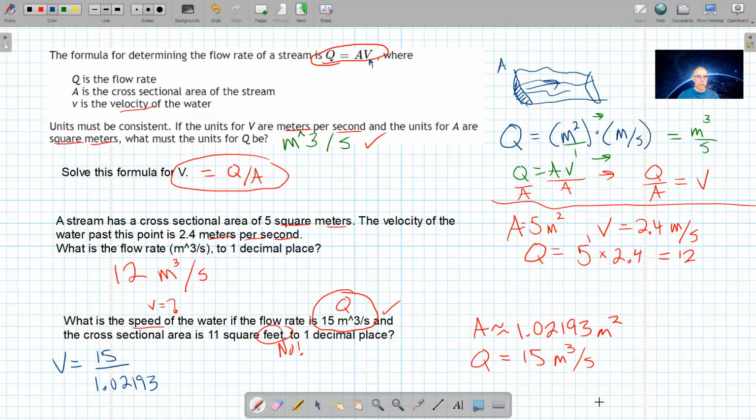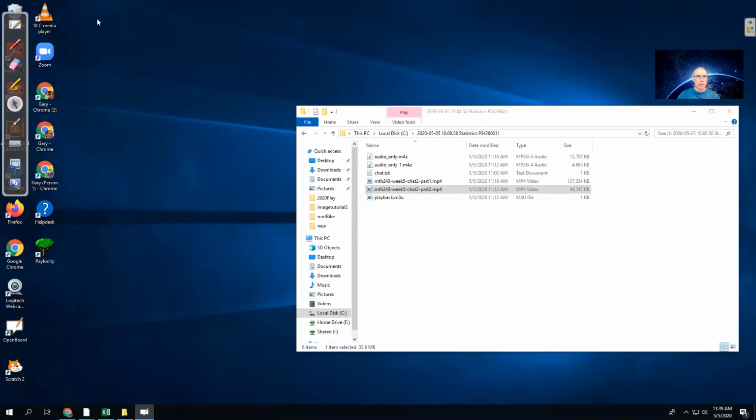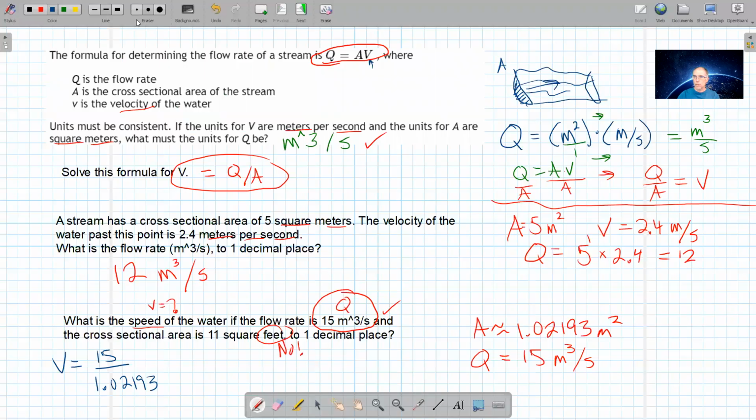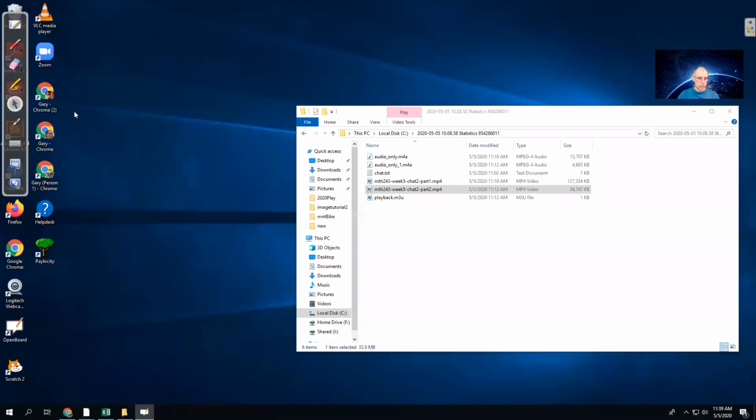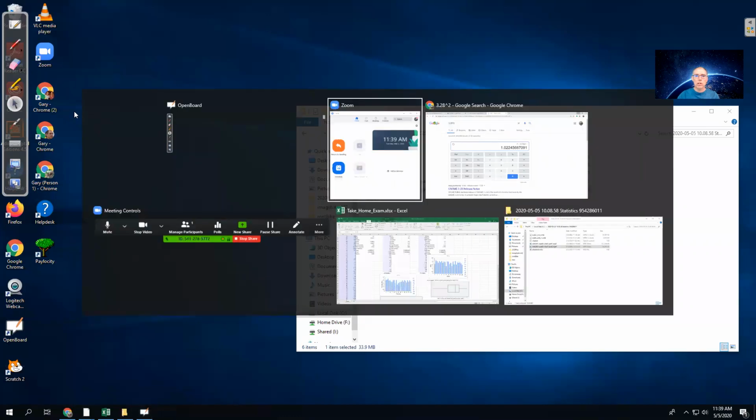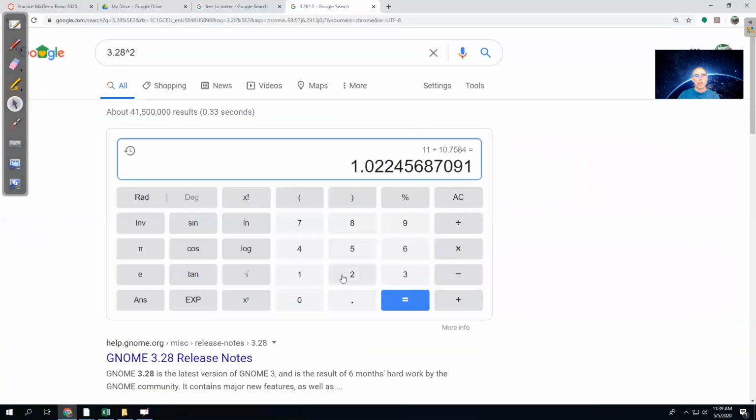So calculator again. And 15, right. There we are. So 15 divided by 1.02193, or that 1.022 should be good enough.